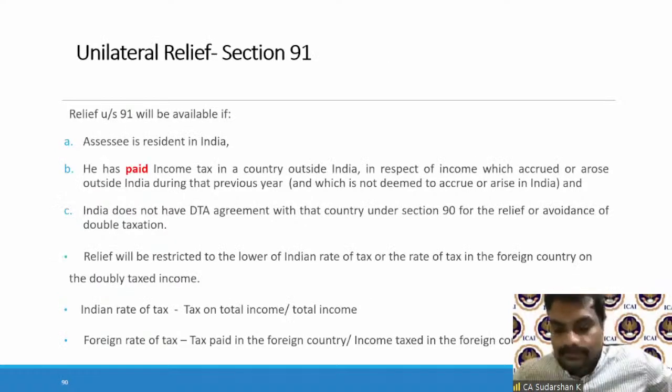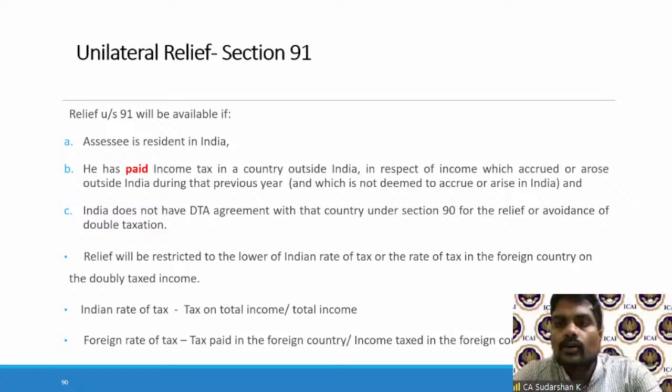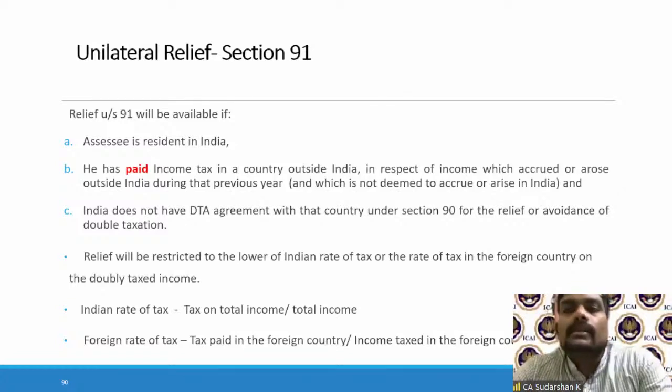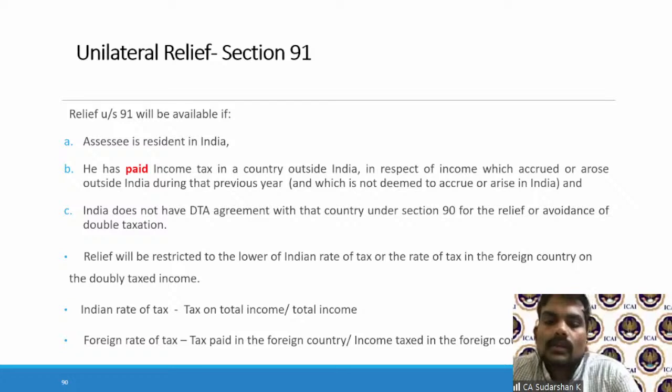Now, there are some conditions and certain measures stipulated in section 91 that we need to follow before finding out what relief is available. First, relief will be available if the assessee is a resident in India. In our case, Mr. ARR is a resident of India.